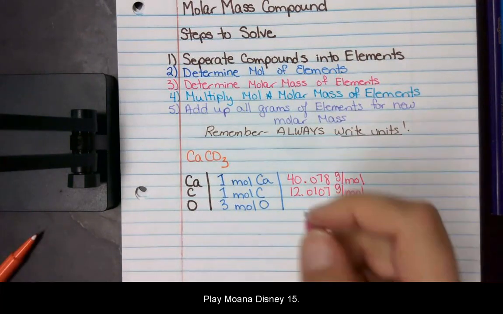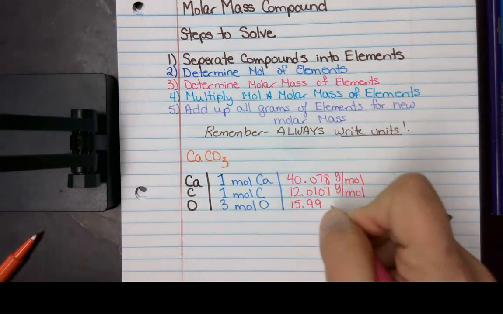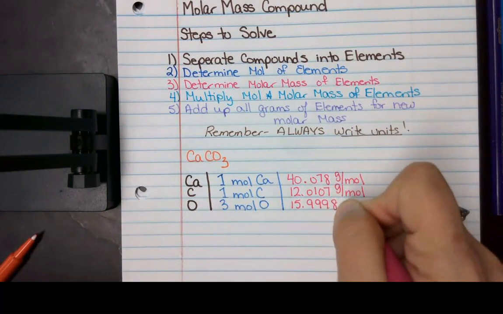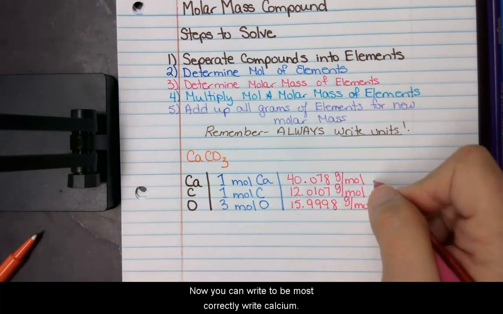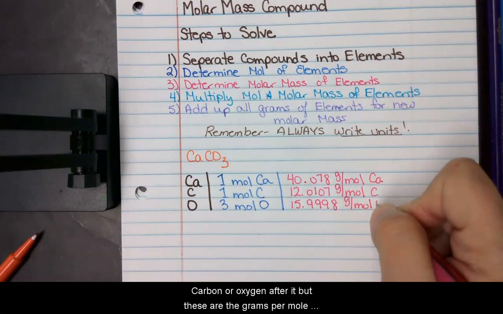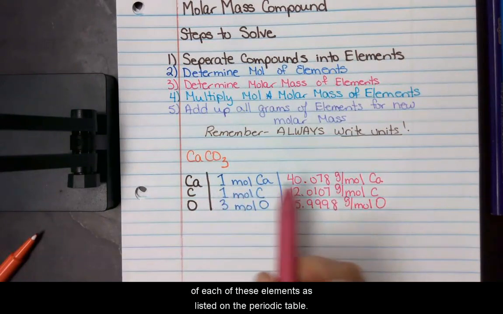If I'm looking at oxygen, it gives me 15.9998 grams per mole. Now to be most correct, you could write calcium, carbon, or oxygen after it, but these are the grams per mole of each of these elements as listed on the periodic table.